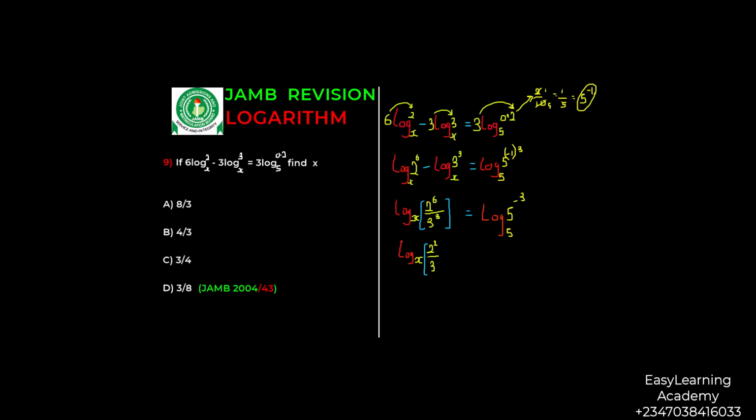Now everything will be in the power of 3, to make it the same. Yeah, everything now becomes in the power of 3. Good, because 2 raised to the power of 2 times 3 is the same thing as saying 2 raised to the power of 6. And 3 raised to the power of 3 is the same thing.